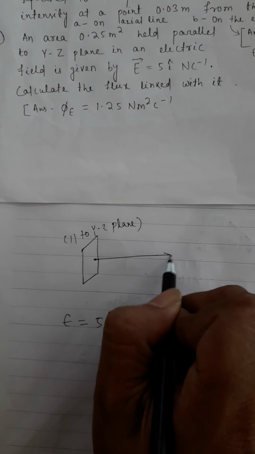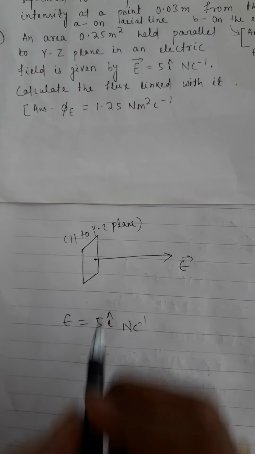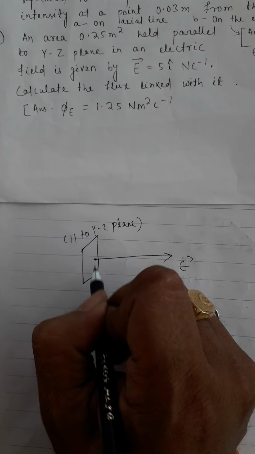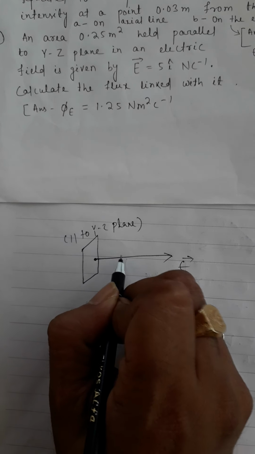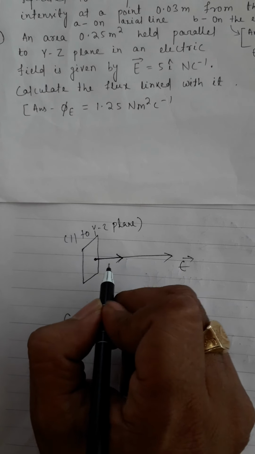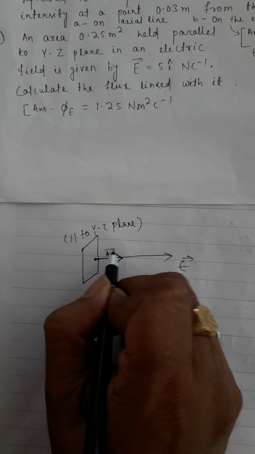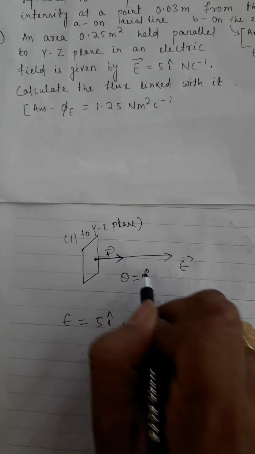So it is in this direction, electric field E vector, and the direction of the area vector is outward and perpendicular to this surface. So here this is the area vector, this is the electric field, and it makes an angle 0 degree.